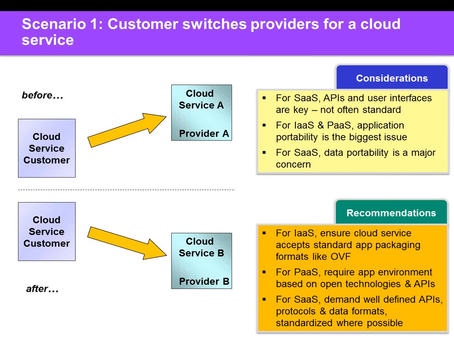For SaaS-based offerings, I think the best recommendation we can make at the present time is largely to demand that whichever service you use have well-defined APIs that have a proper description of the APIs they're using, the protocols they're going to use with those APIs, and also the data formats they're going to use for transferring data in and out of the service, and ideally they should be standardized wherever possible.